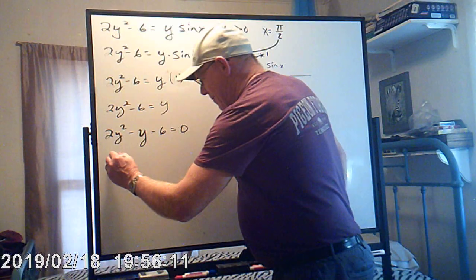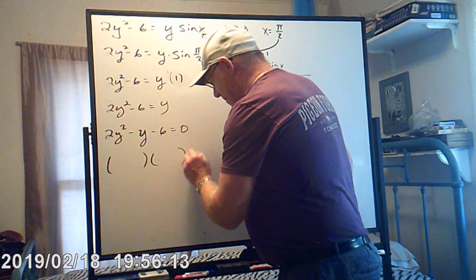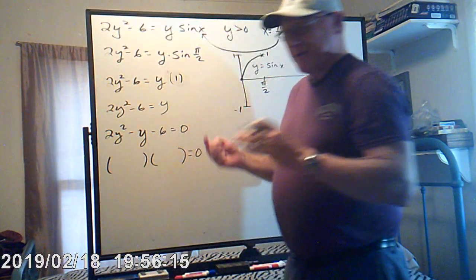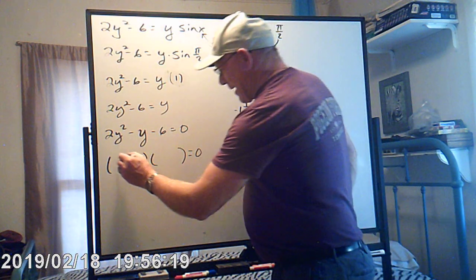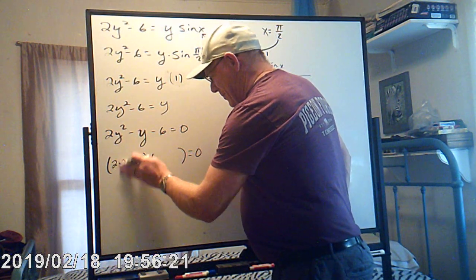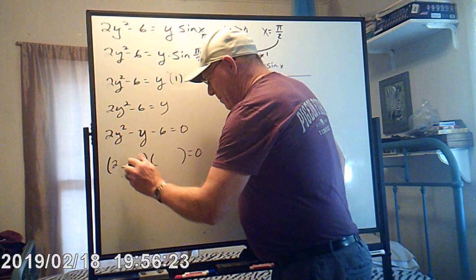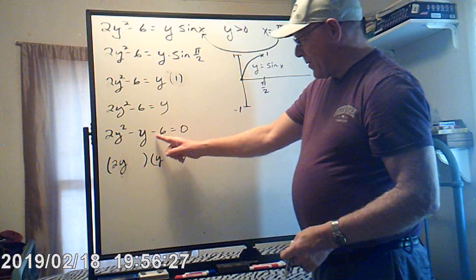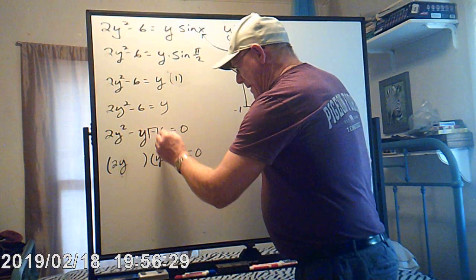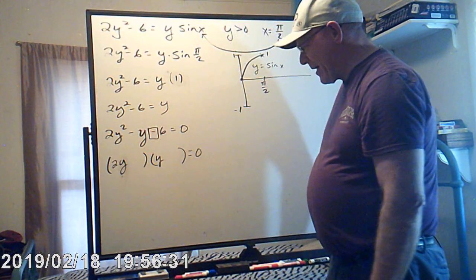Alright, so now you see why I find this so cool? I really like this problem. Now we got 2y times y, and then I need a plus or minus because this is negative on the end.